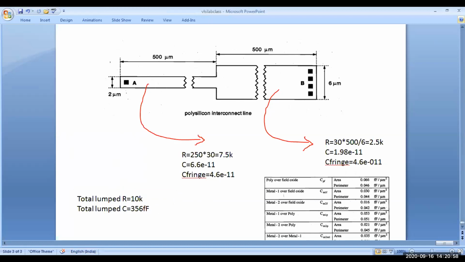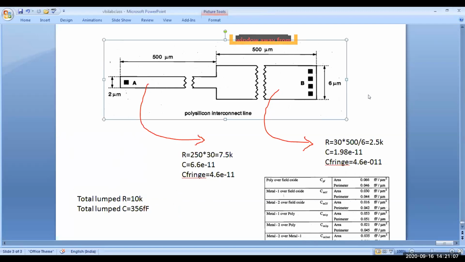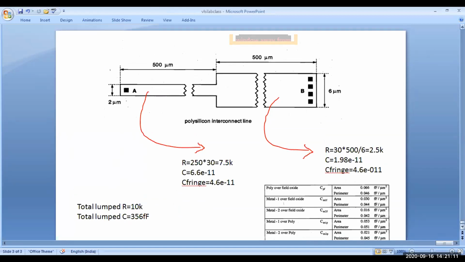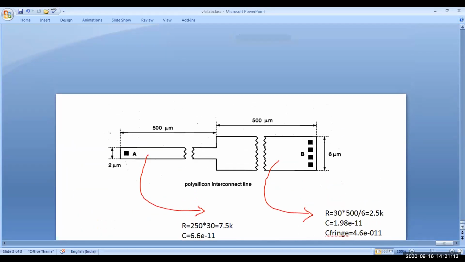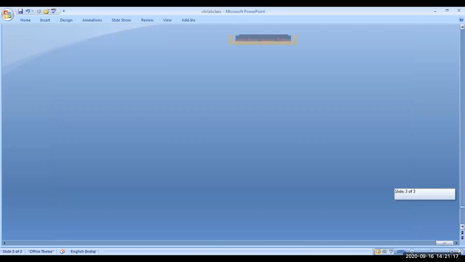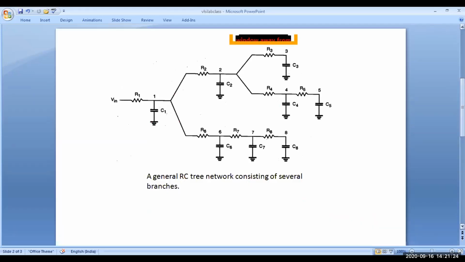Now let us do this circuit, this interconnect, for a distributed ladder network, and we will know how the delay is also changing for both of them. So for that, let's go to this. Okay. So this is a tree network.